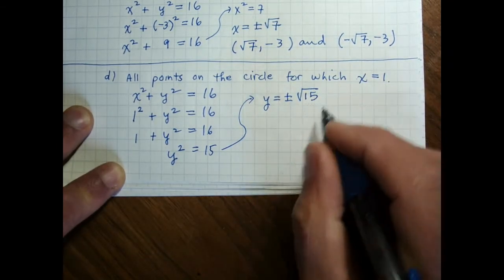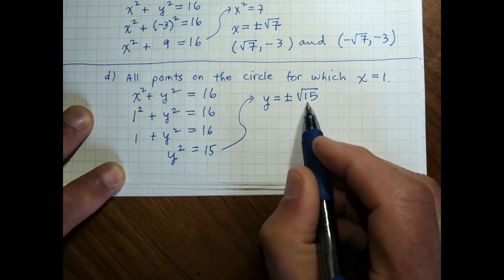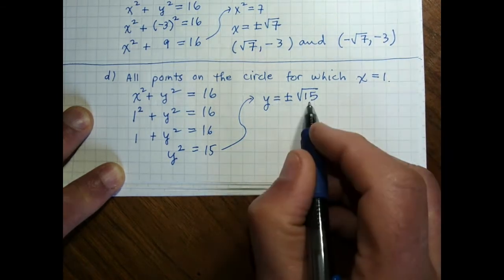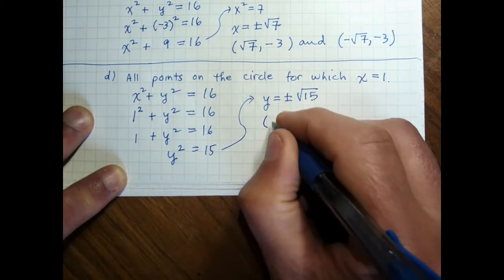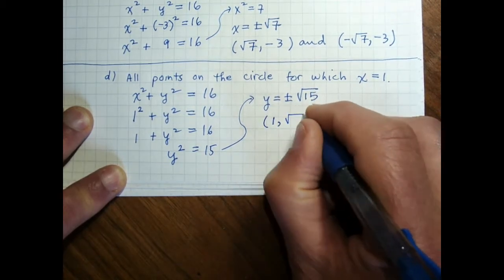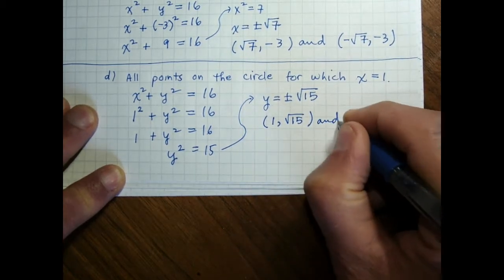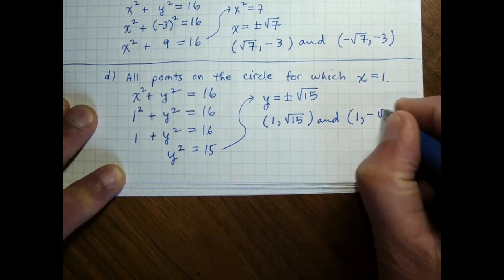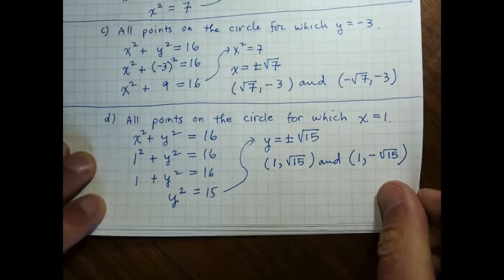I don't think I can simplify that radical. 15 is 5 times 3, that's the only way to factor 15. I don't have a perfect square factor, so that's a simplified radical form. And now x was 1, so y could be positive square root of 15, and x is 1, comma, negative square root of 15. They're the 2 points from part D.